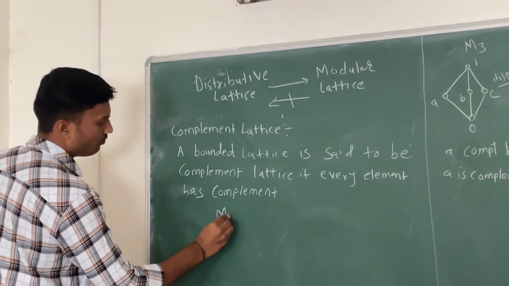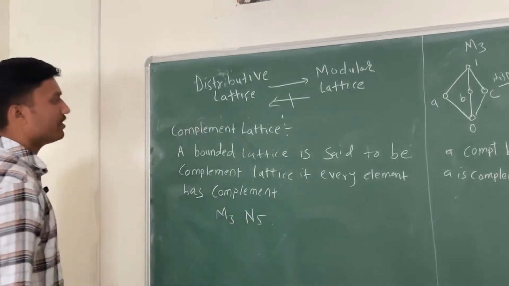That is, M3 and N5 are complement lattices.